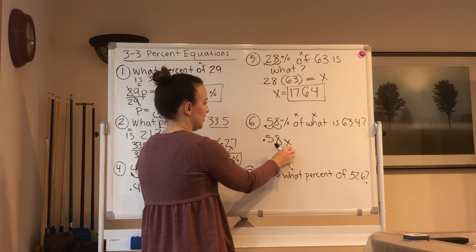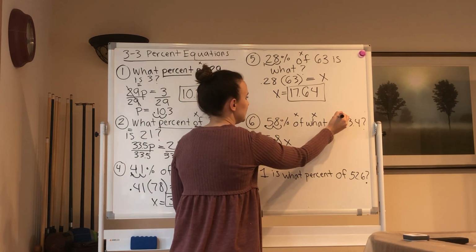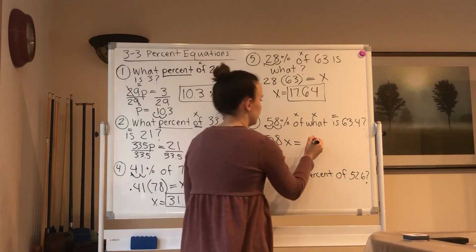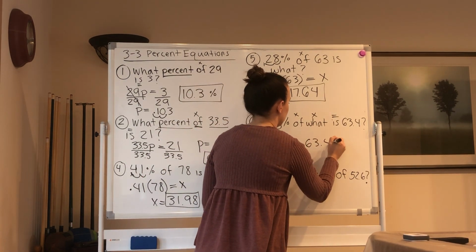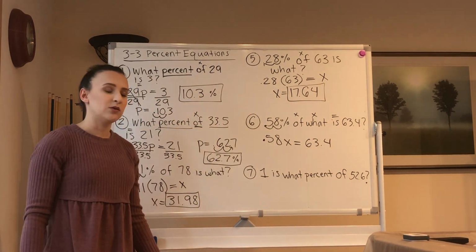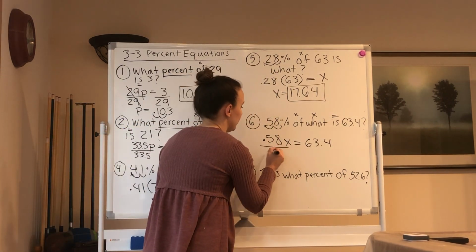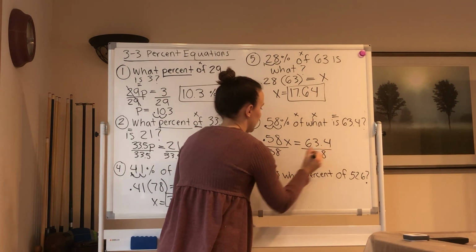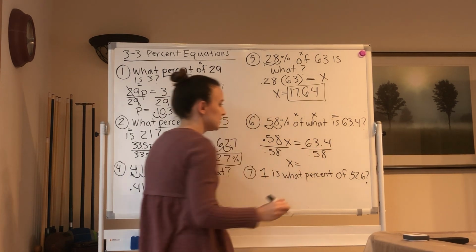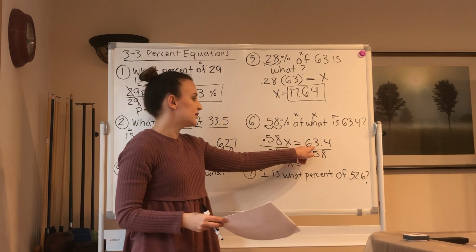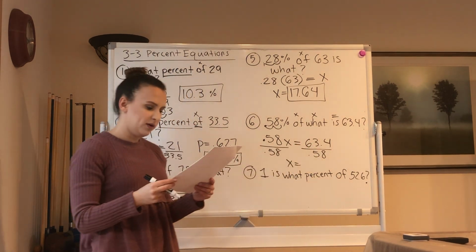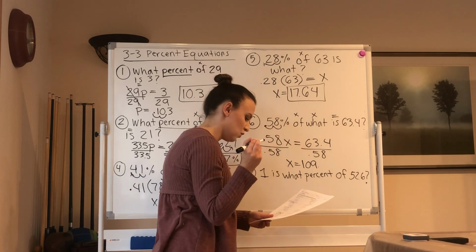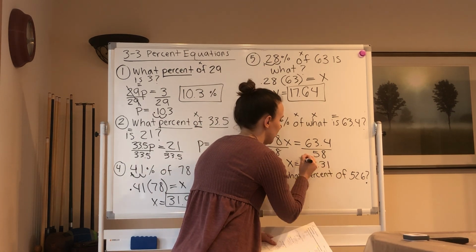So 58% of what number equals 63.4. Now to solve, we need to divide by 0.58, divide by 0.58, and you're going to get x equals, if you put that in your calculator, 63.4 divided by 0.58, you will get 109.31, round it off.